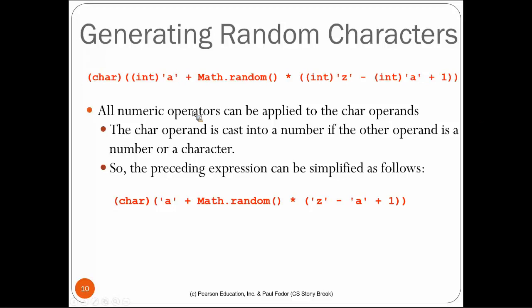All the numeric operators can be applied directly to characters, so you don't really need to cast the characters to integers before we apply this function. So you can actually just add a to Math.random multiplied with the distance between z and a plus 1, and that will give you exactly the range from a to z. After you apply this function, you get a double value, because Math.random is a double, and you can cast the entire result to a character, which will give you random characters between a and z.